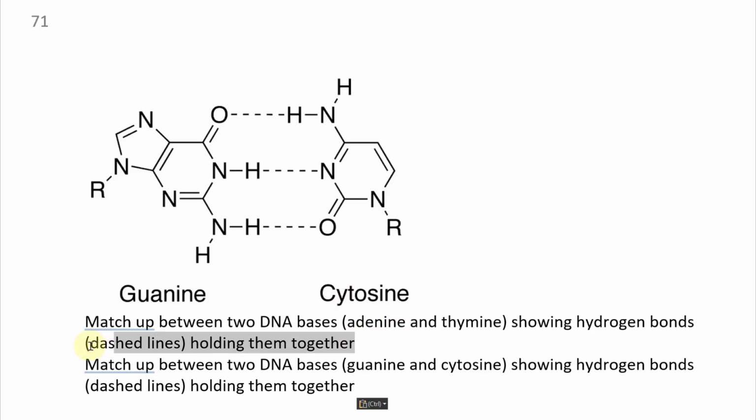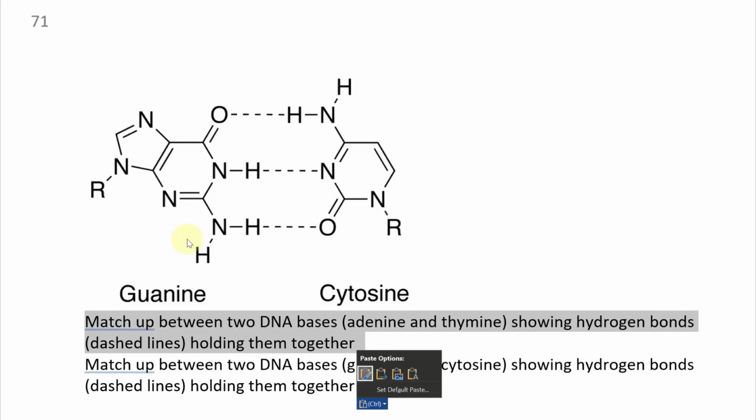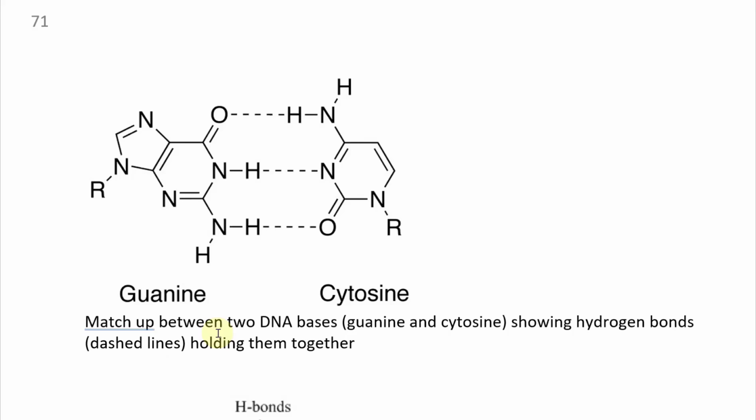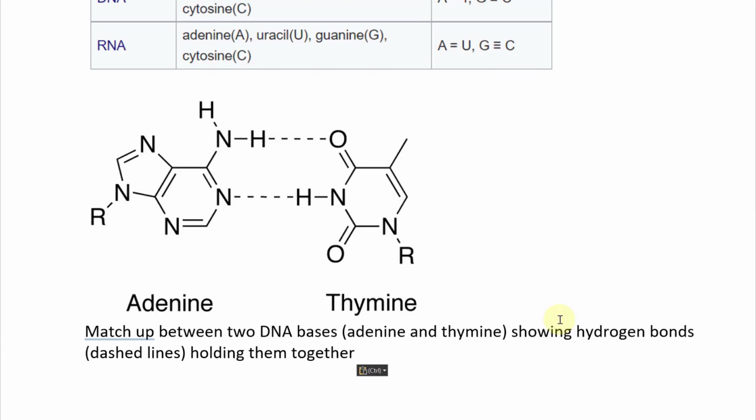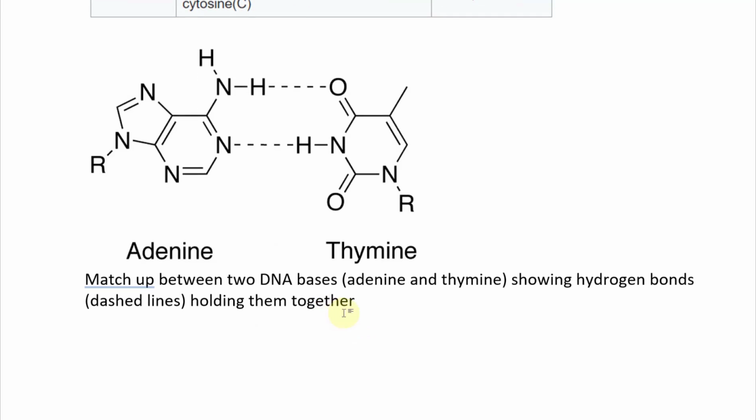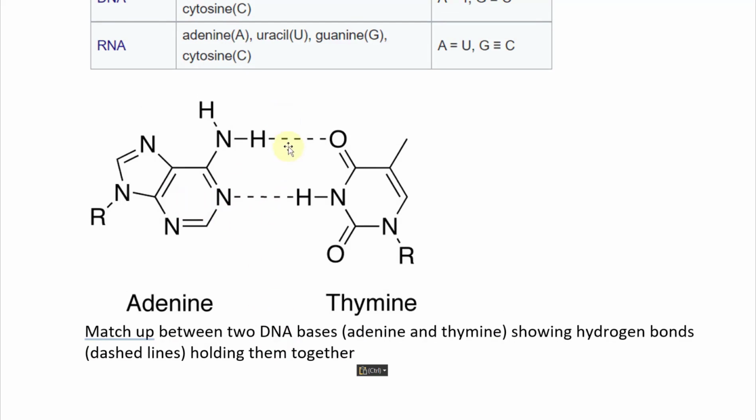So let's copy this, and this one goes here. So matching between two DNA bases, adenine and thymine, showing hydrogen bonds, dashed lines holding them together. So yes, this is the two hydrogen bonds here for A and T.